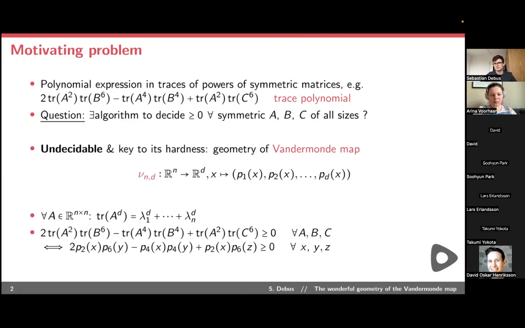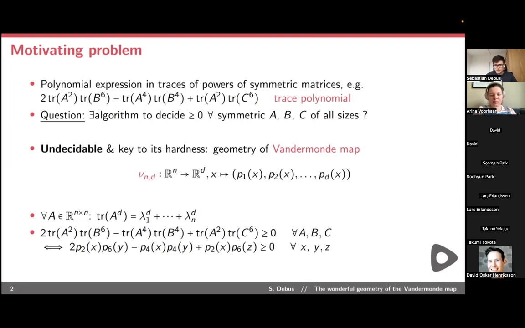So we insert A, B, C symmetric matrices, and we replace it now by the power sums, by even power sums, P2, P4, P6. And we evaluate it now in different variables x, y, z, where x corresponds to A, y to B, and z to C, so to the eigenvalues of the matrices.